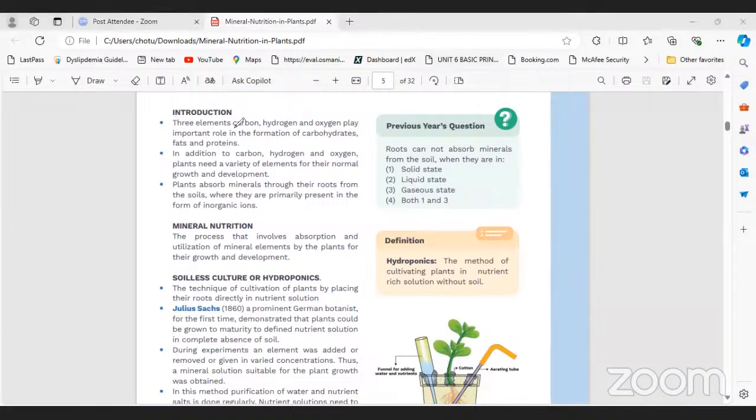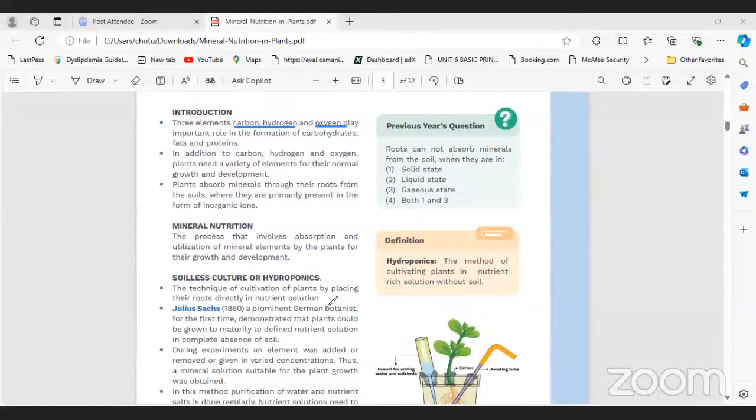These three, carbon, hydrogen, and oxygen, are required in the production of carbohydrates.